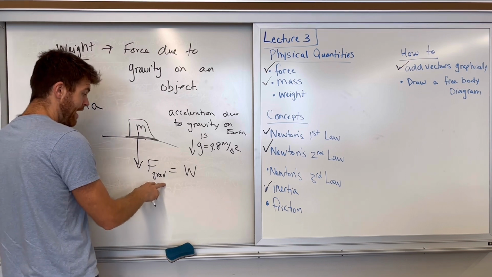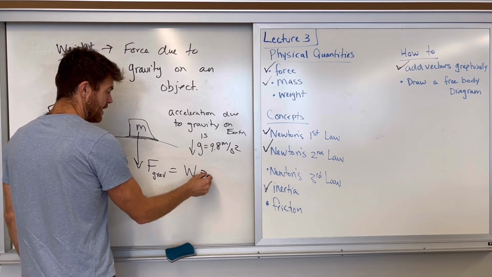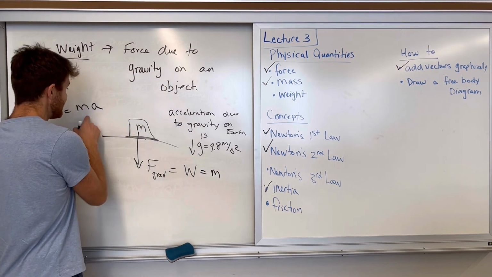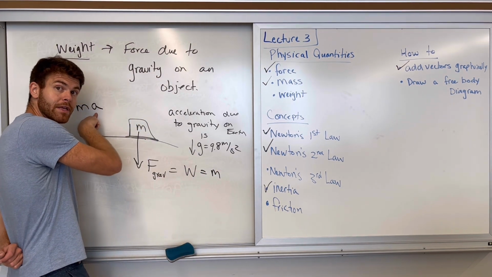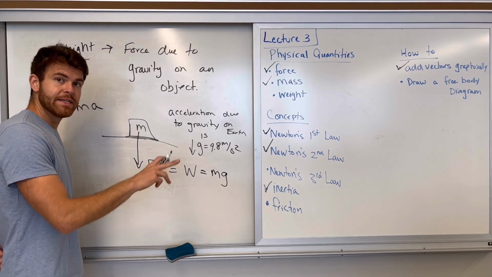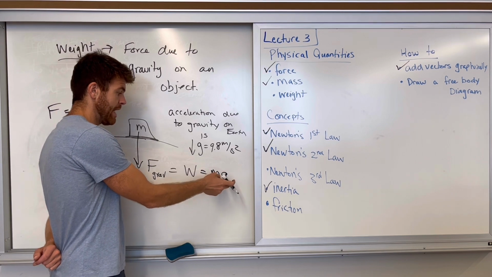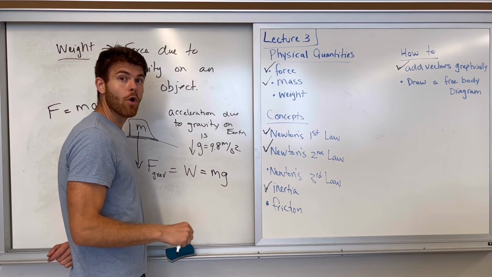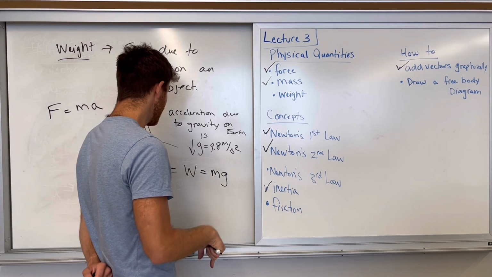So the force due to gravity, which is its weight, is equal to the object's mass times the acceleration that gravity is causing, g. So the object's mass times its acceleration due to gravity gives us the object's weight, which is the force due to gravity on the object.